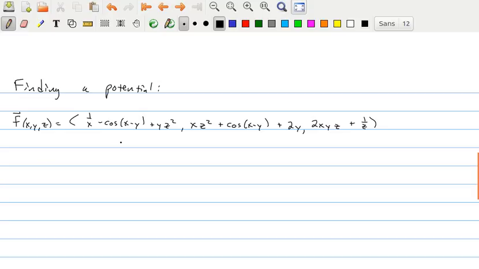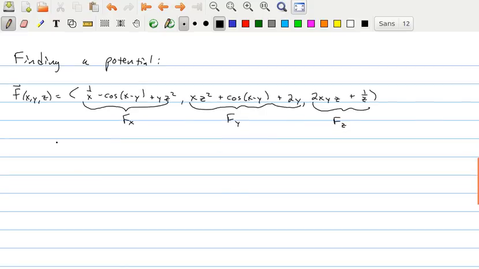So now if this has a potential function, big F, that means that this right here must be the partial of f with respect to x, and this must be the partial of f with respect to y, and this is the partial of f with respect to z. So let's write that out.